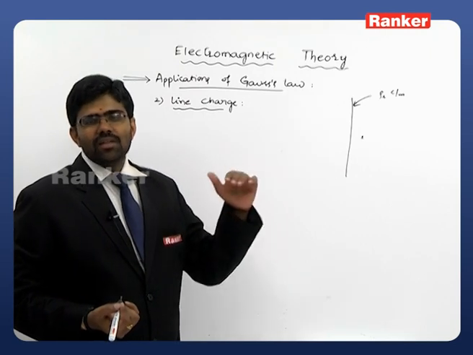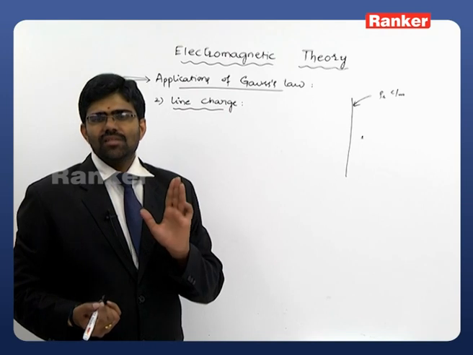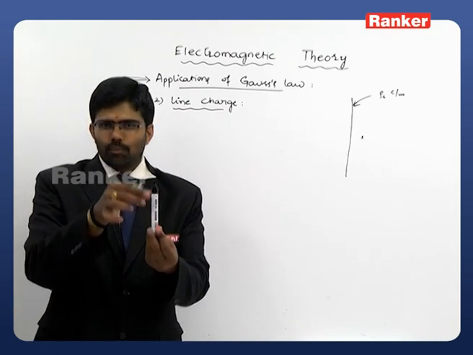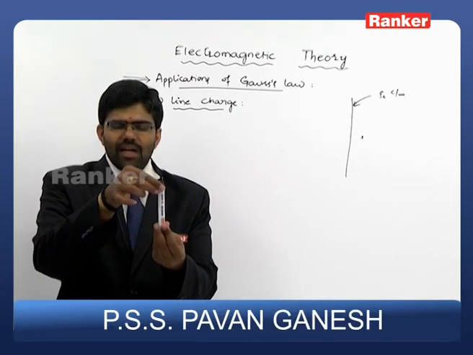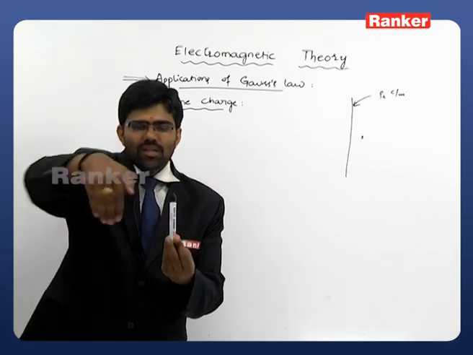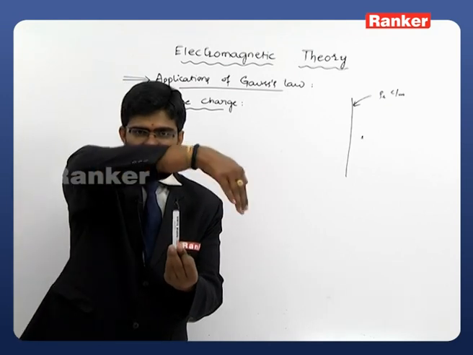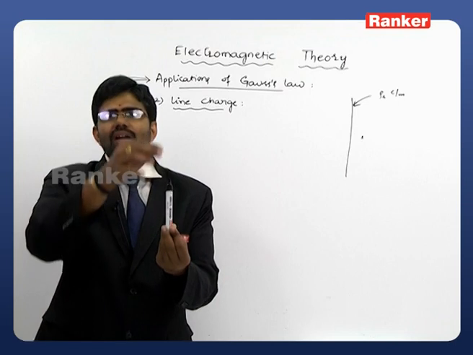For that, once again try to form a symmetrical Gaussian surface along the line. If you try to form a symmetrical surface on this particular line, then it must be a cylinder. That cylinder consists of 3 surfaces, the curved surface, a top surface and a bottom surface, which will cover our line charge.